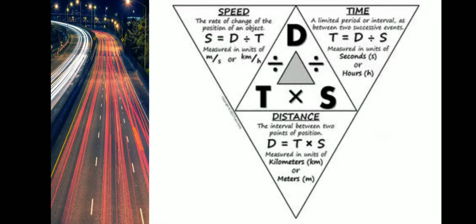Now we can understand from this position that when distance and time is given, we can find speed by dividing distance by time. We can find distance by multiplying speed and time. We can find time by dividing distance with speed.